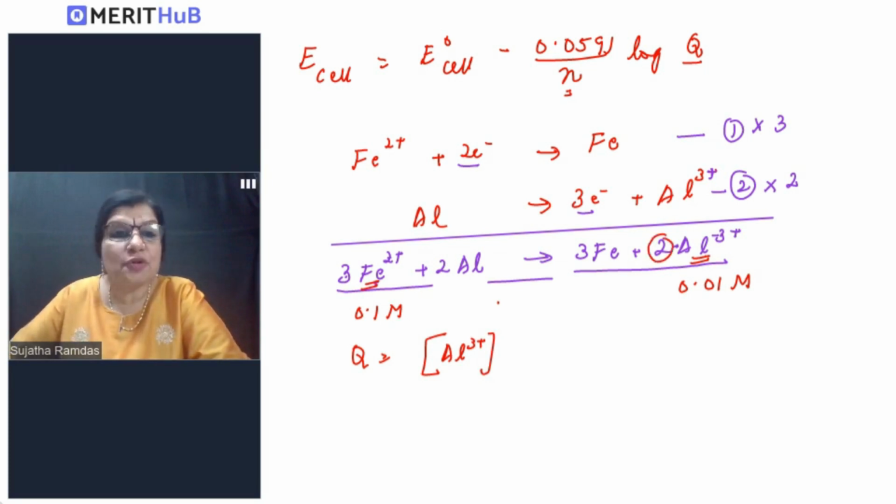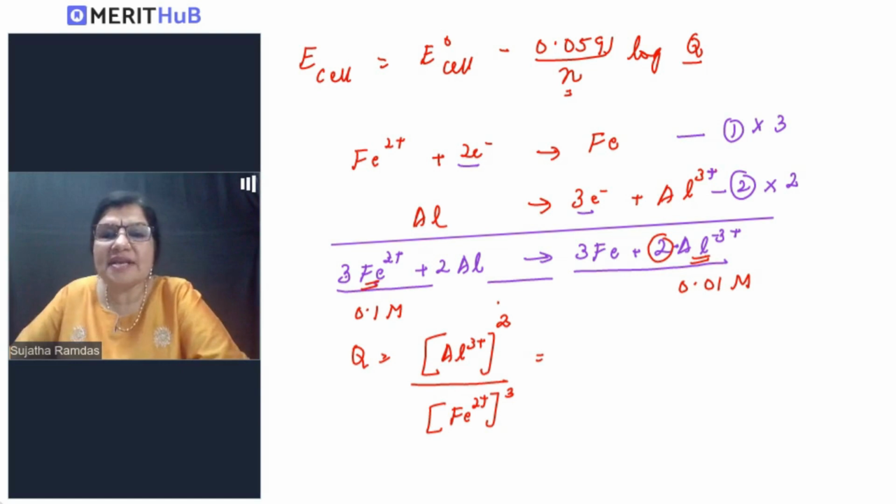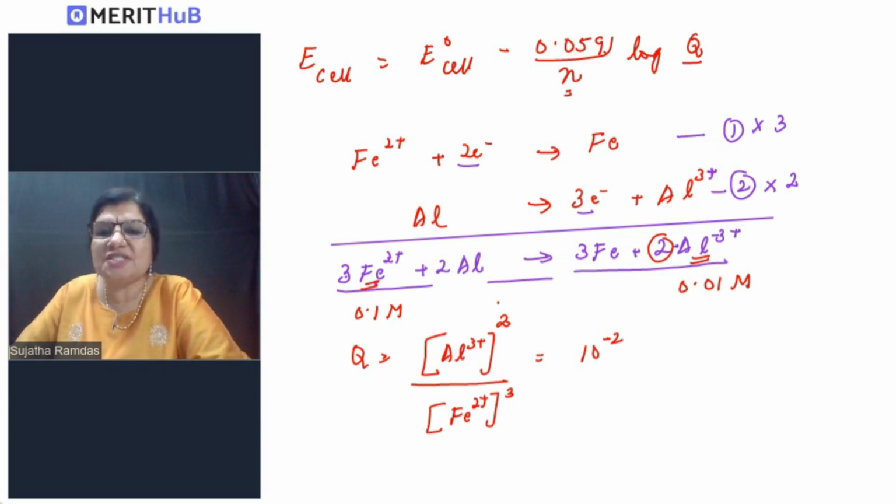The concentration of Al3+ to the power of the stoichiometric coefficient 2, divided by the concentration of Fe2+ to the power of 3. Okay, so what is this equal to? Concentration of Al3+ to the power of 2. 0.01 is 10 to the power of minus 2, to the power of 2, divided by 0.1, 10 to the power of minus 1, to the power of 3.